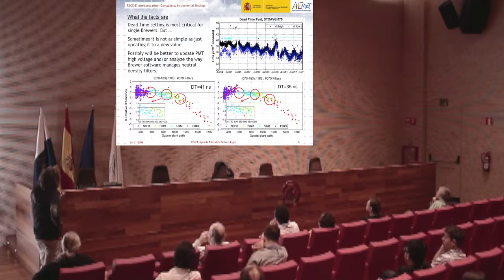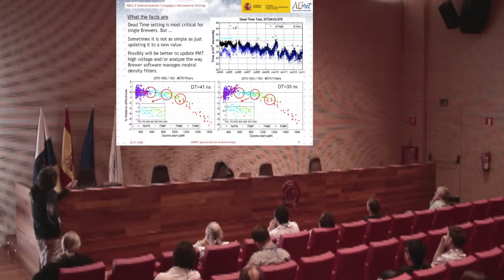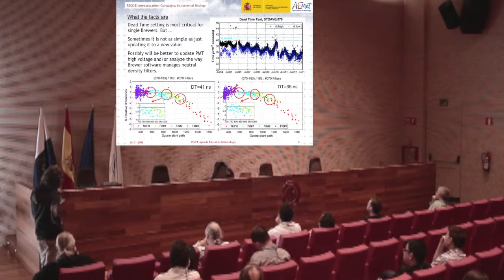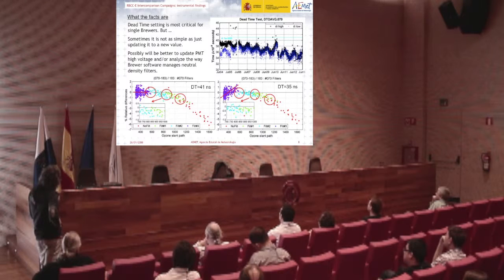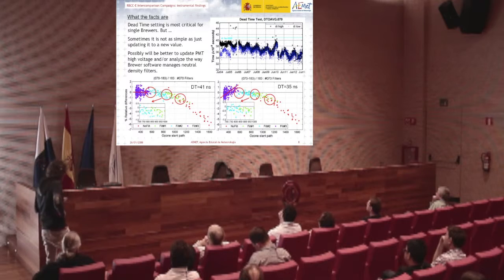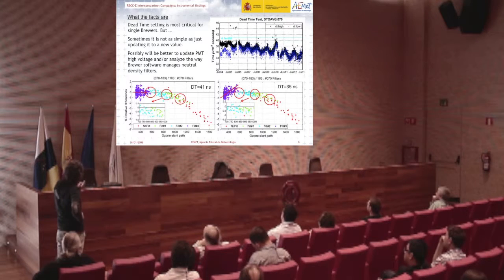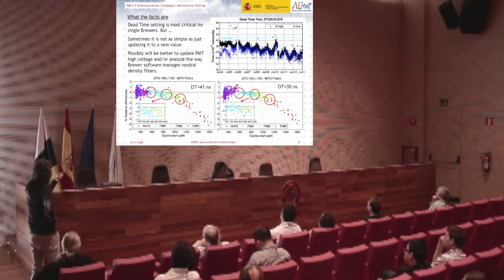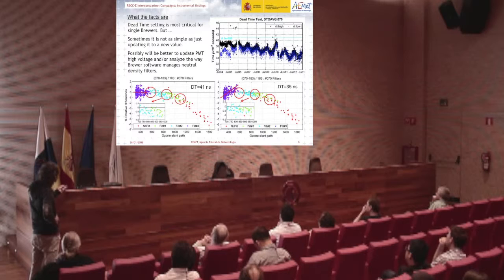It's not just as simple as updating the dead time to the calculated value, and that's all. This plot refers to the ozone deviation of this Brewer, the 70, compared to a reference, in this case, the 183. And I have used different configurations in both plots.